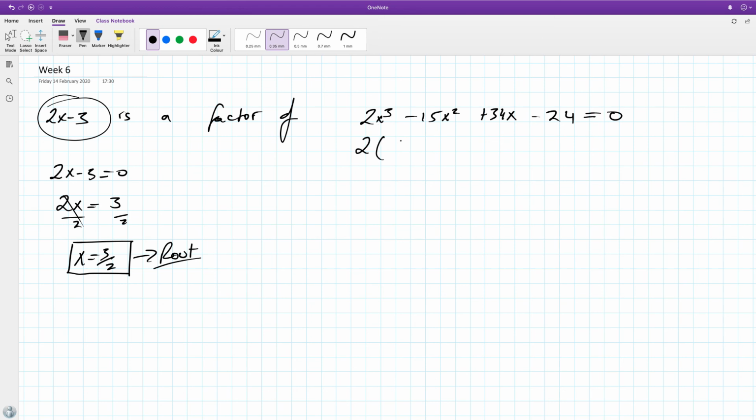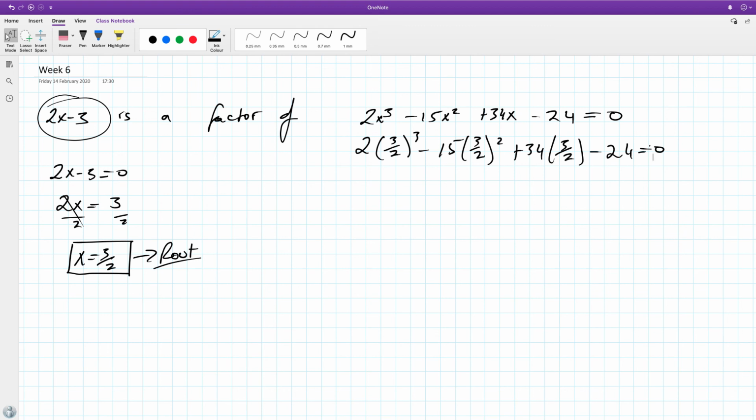So that's 2 times (3 over 2) cubed, minus 15 times (3 over 2) squared, plus 34 times 3 over 2, minus 24 is equal to 0. And that should be right. As I said, you just fire it all straight into the calculator. Don't make life more difficult than it needs to be.